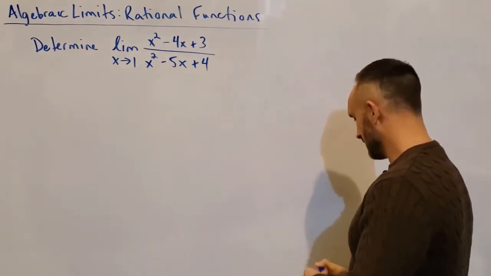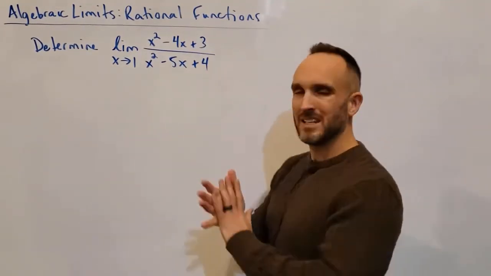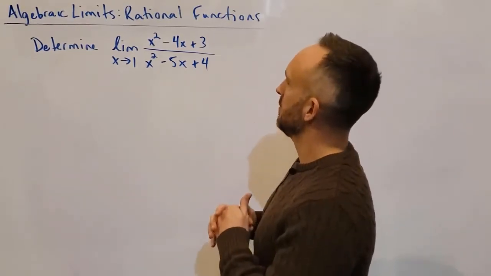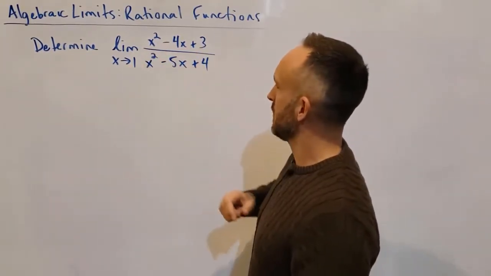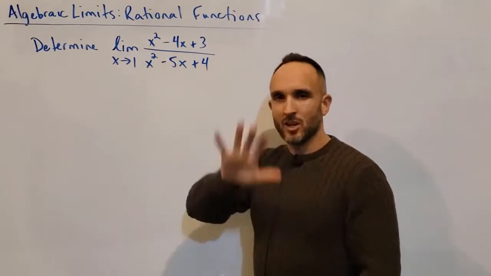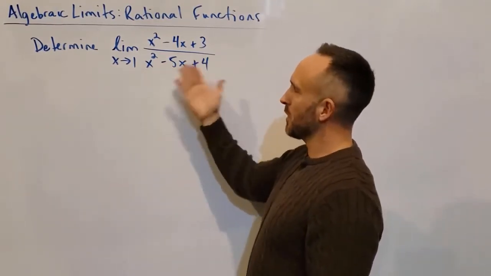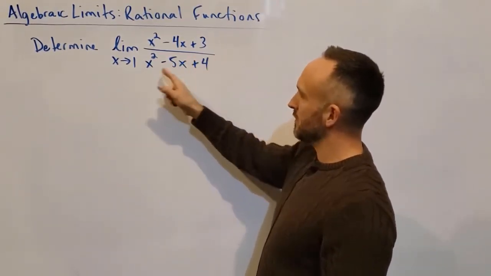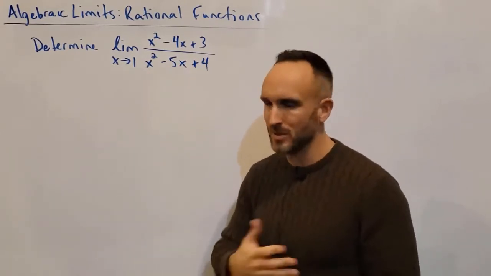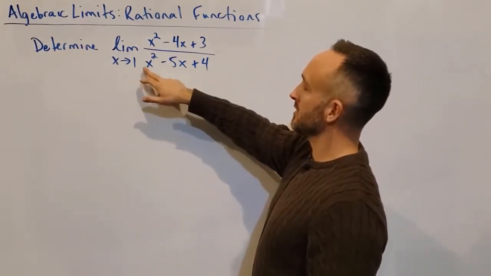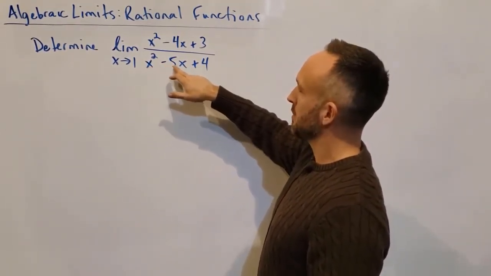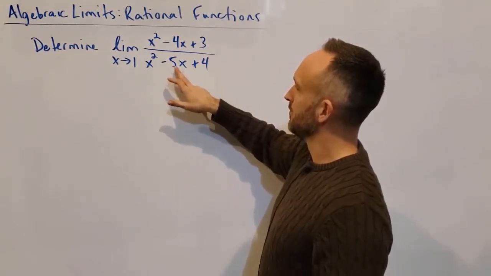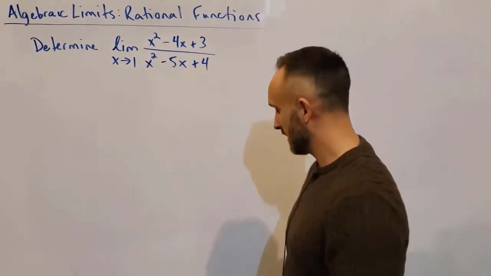Now, you should immediately think, okay, well, let's try direct substitution, right? So it's going to work as long as the only problem we can have with this standard rational function is we don't want the denominator to be 0. So if we plug 1 in on the denominator, we get 1 minus 5, which is -4, plus 4 is 0. So that's not going to help us.